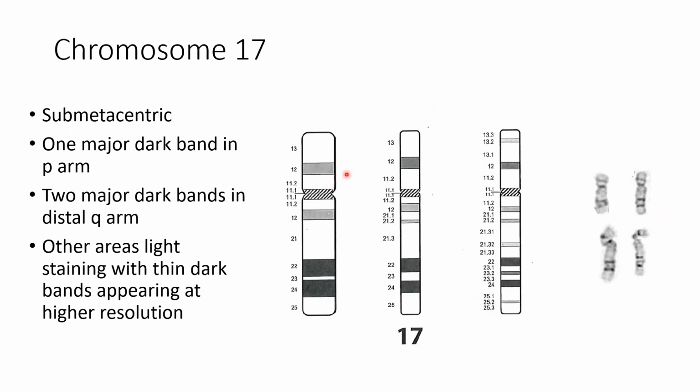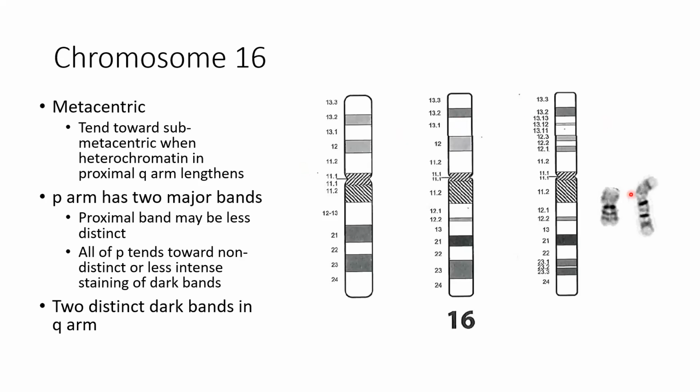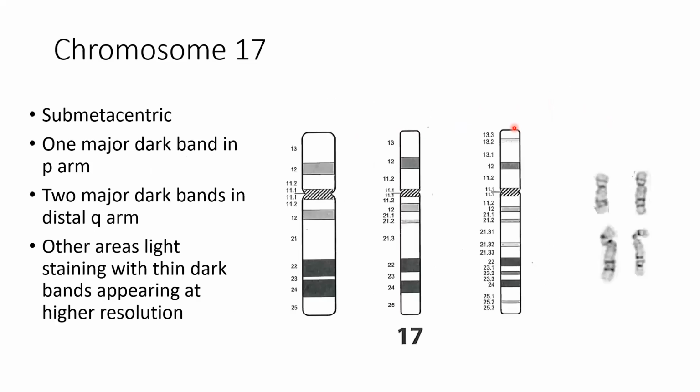Again, with chromosome 17, there's one major dark band in the P arm, but look at 16, the major dark band is more toward the end of the chromosome, and with 17, it's actually either in the middle or more toward the centromere.